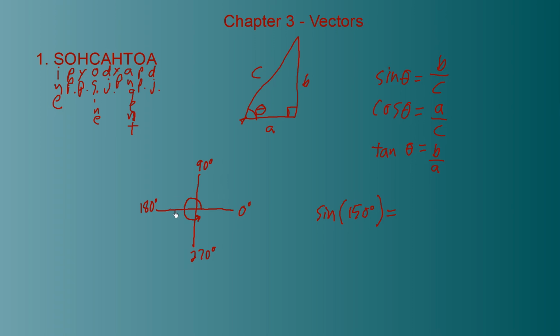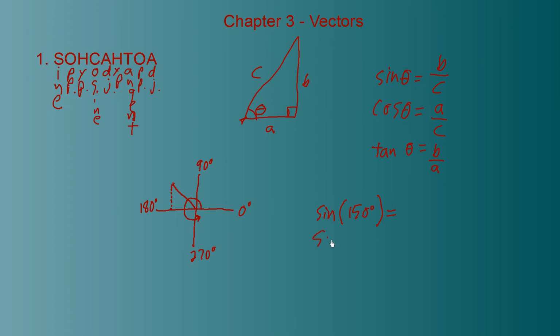That's going to give you a positive value because it's giving you the y component of an angle over in this area. So 150, you start at 0 and you go 90, 100, 110, 120, 150. So 150 might be here. Actually, it's probably a little closer to 180. So sine gives you the y component, the opposite component of that.